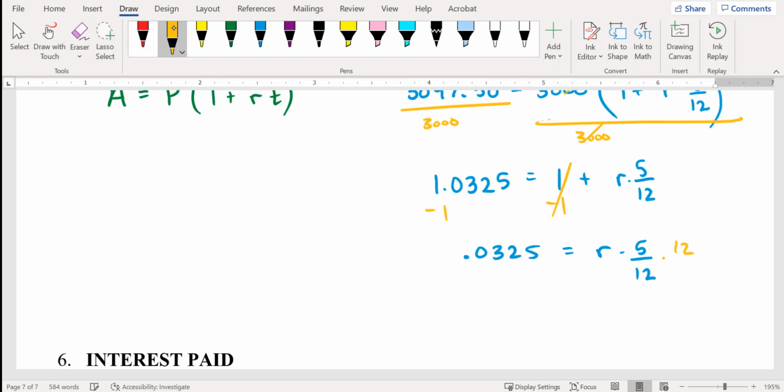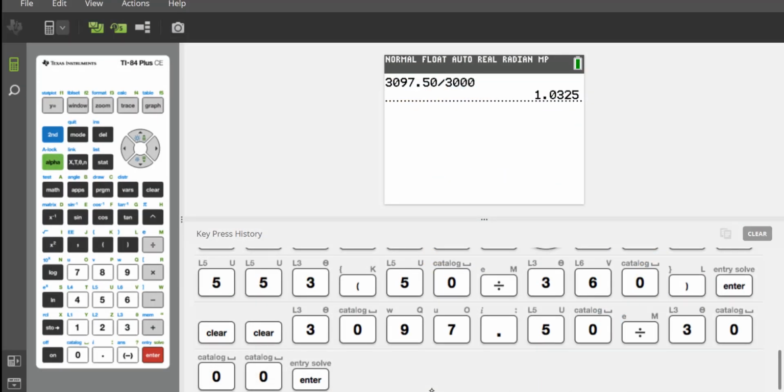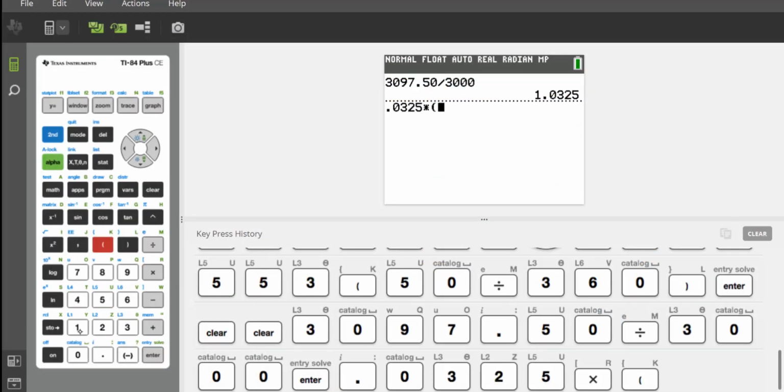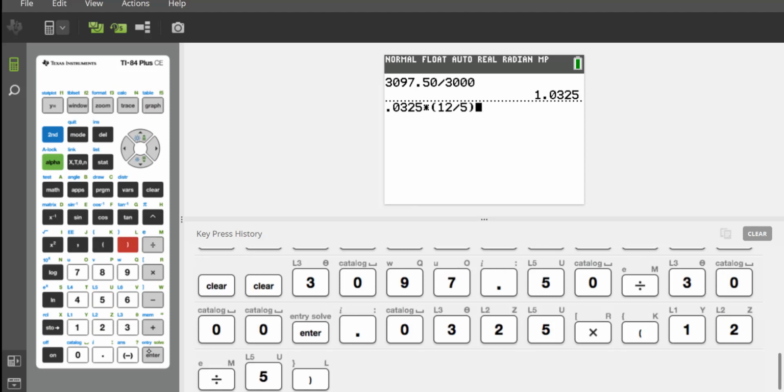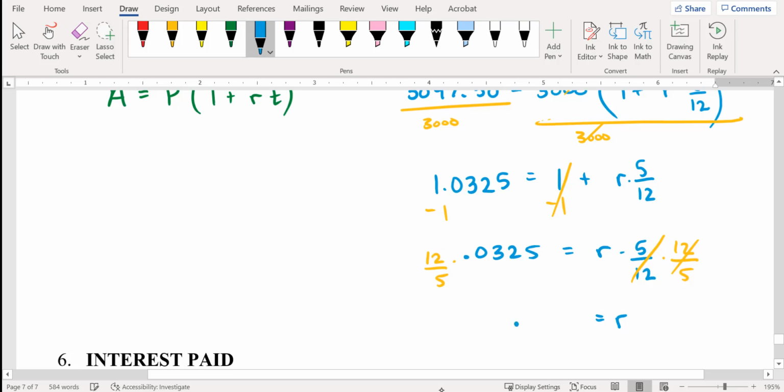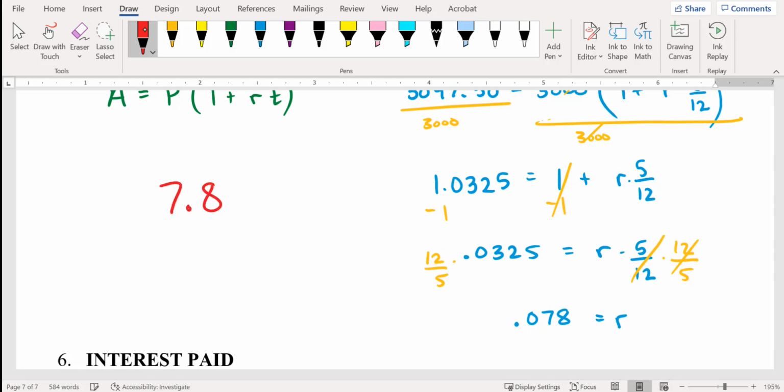Then multiply both sides by 12/5. Okay, R, here we go. I want 0.0325 times 12/5. I get 0.078. So my simple annual interest rate would be 7.8%.